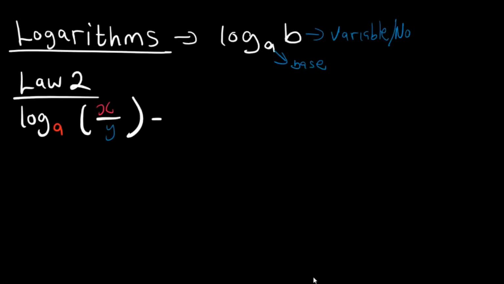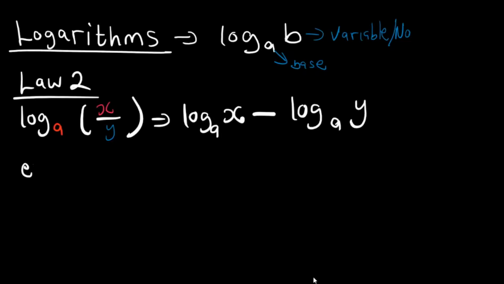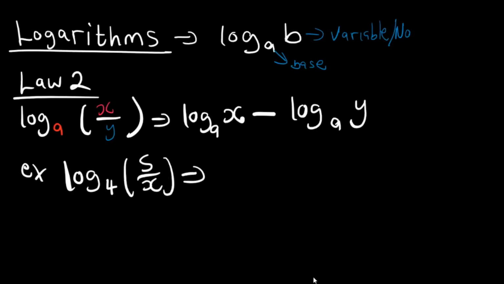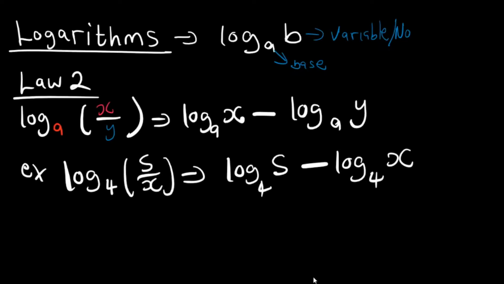So to expand this, we'll have log base a of x minus log base a of y. An example will be log of base 4 into 5 over x. To expand, we'll have log of 4 and value 5 minus log of base 4 with x.